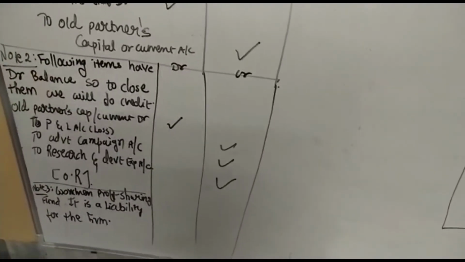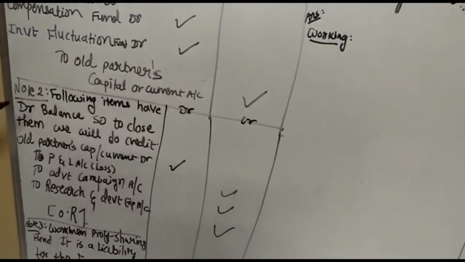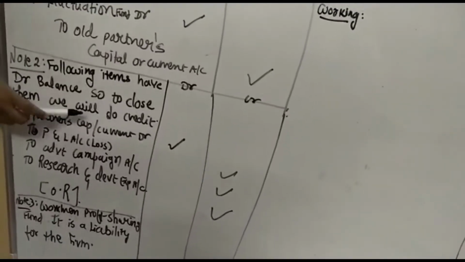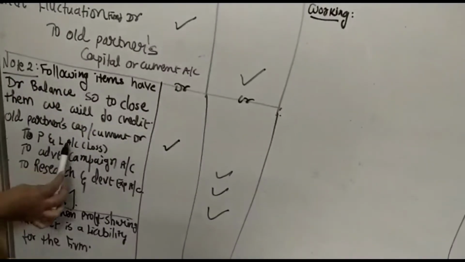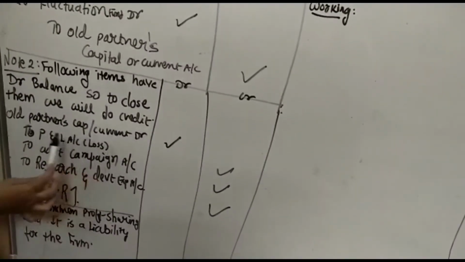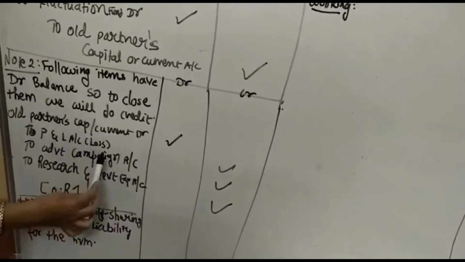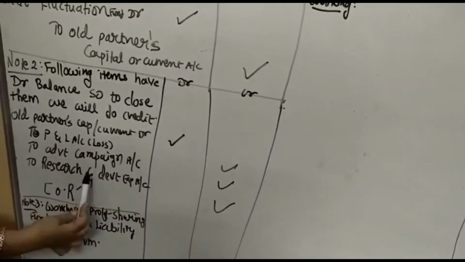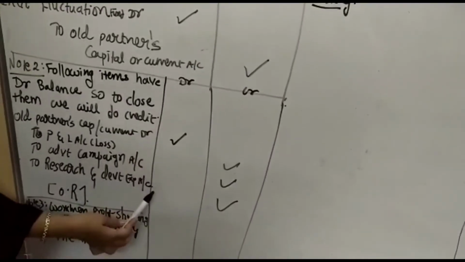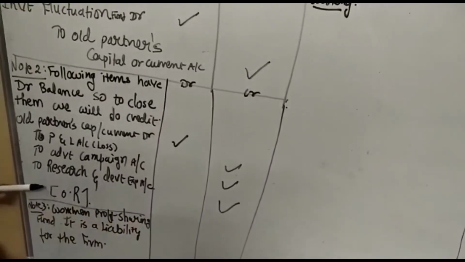So how would the entry be passed? Old partners' capital or current account debited to profit and loss account if it is a loss, to advertisement campaign account, to research and development expense account, in which ratio, old ratio.